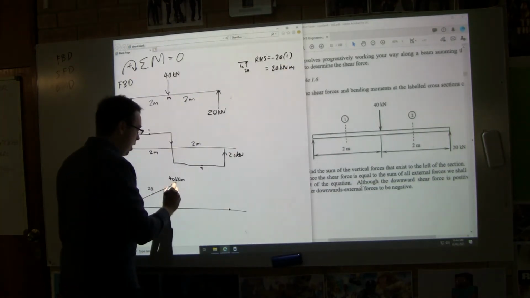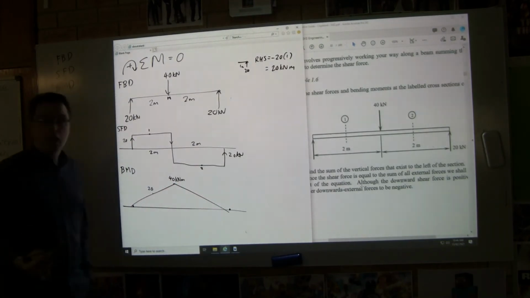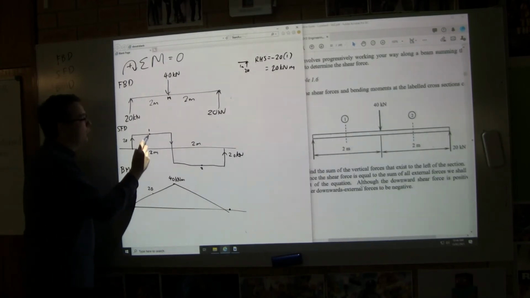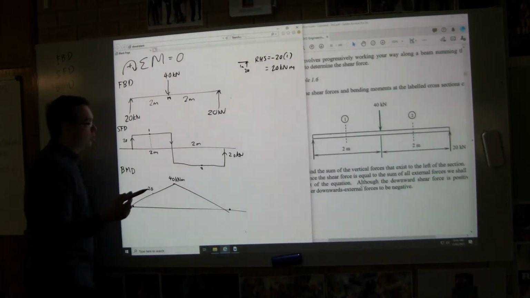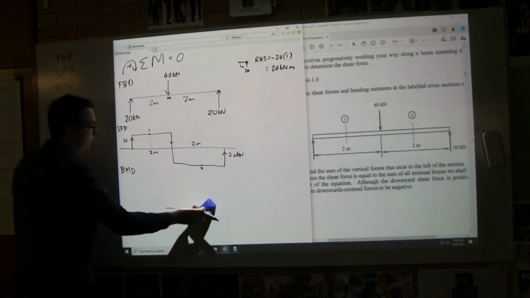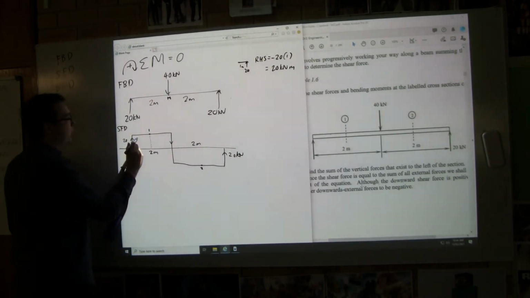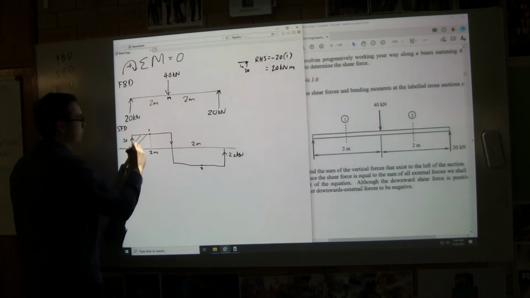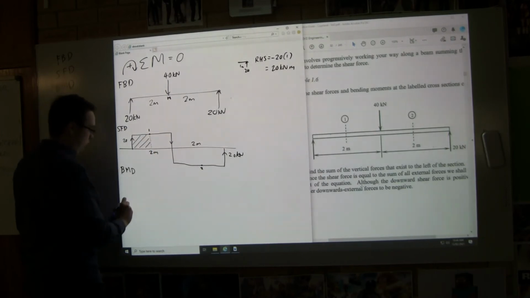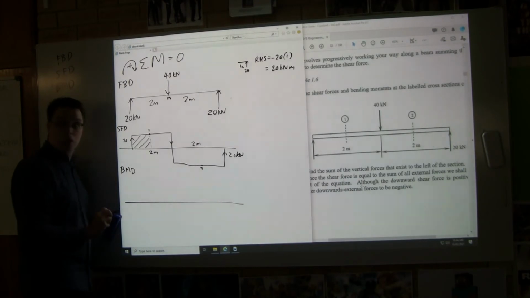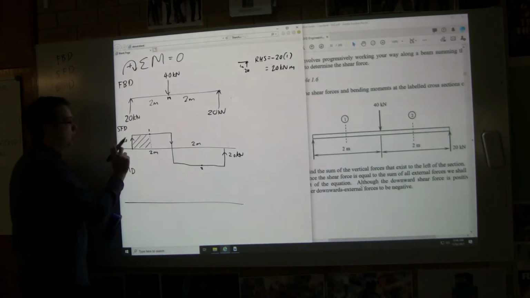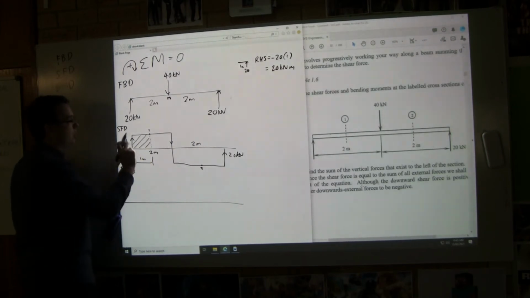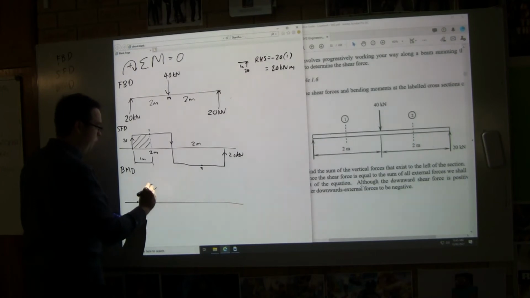Important note right there. Now, we can do that. It's allowed to do that, and encouraged to do that. But another way we can do that is we can actually just look at the area. So I'm going to prove this one more time with a very simple equation. If we look at this area, I'm going to call this area 1. What is the area at area 1? This distance here is how many meters? 1 meter times 20 is an area of 20.